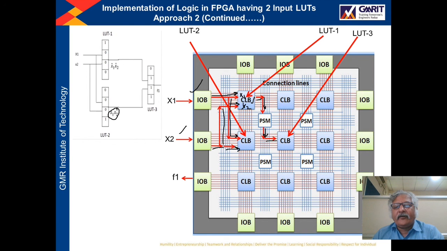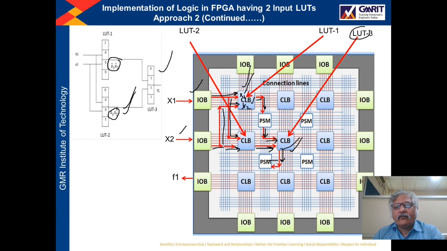From here it will be routed in this CLB, right? Because in this CLB we have LUT number 3. So this LUT has one input X1 bar dot X2 bar, which is coming from this CLB, right? Now the second input of this CLB is coming from this LUT, right?